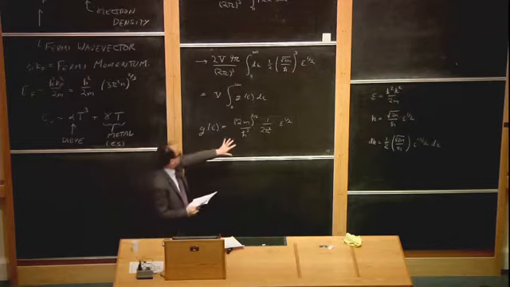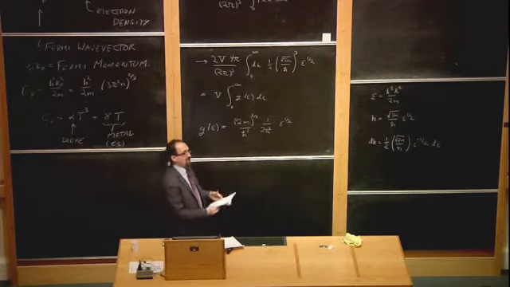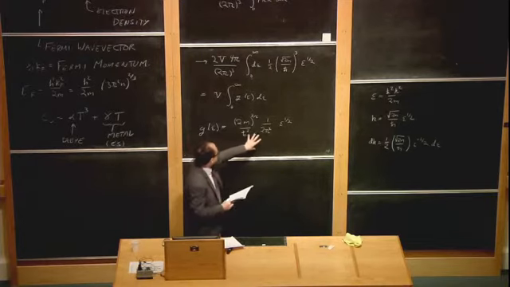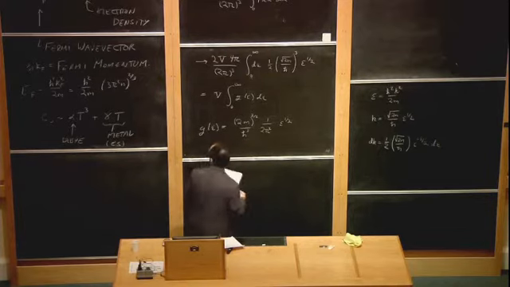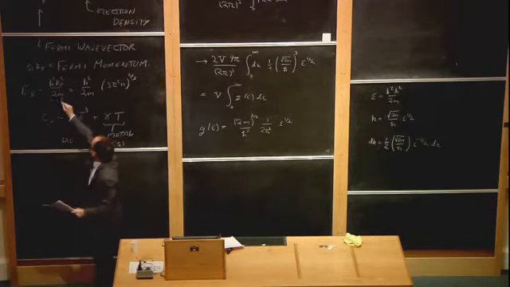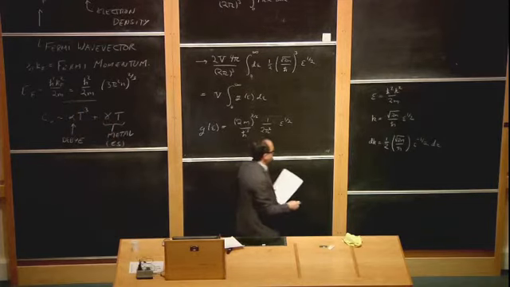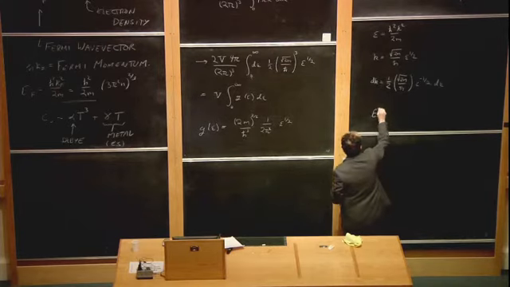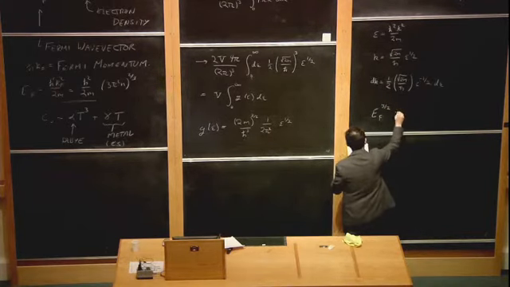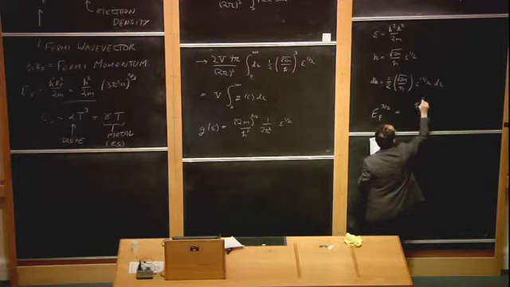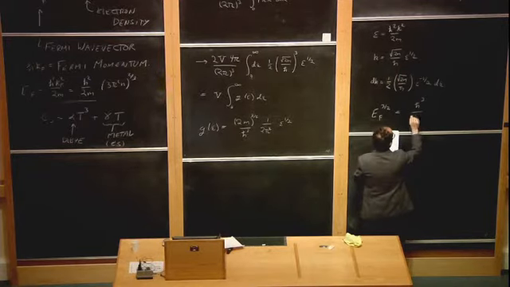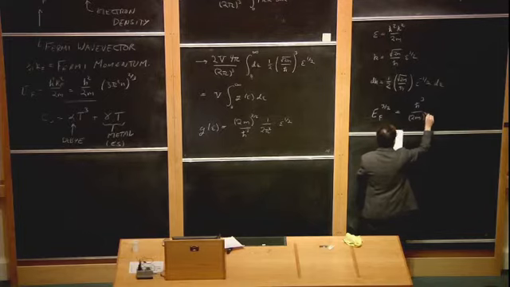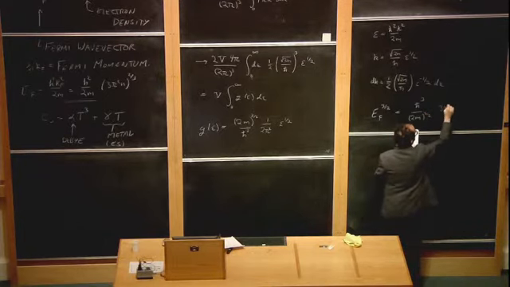And this is a perfectly good answer, but it's actually convenient, and therefore conventional, to convert this factor of 2m over h bar cubed into something that looks a little nicer. And the way we do that is by using this equation here. So that equation there, I'll actually maybe write it over here. If I take that equation to the 3/2 power, I get EF to the 3/2 equals h bar cubed over 2m to the 3/2 times 3 pi squared n.